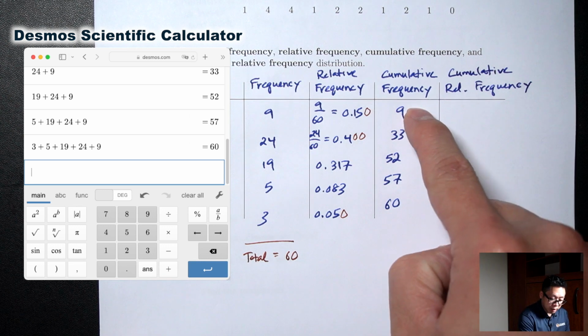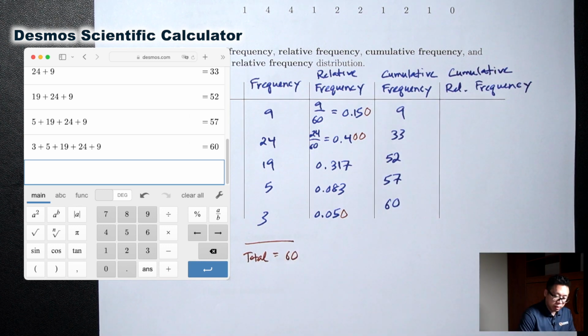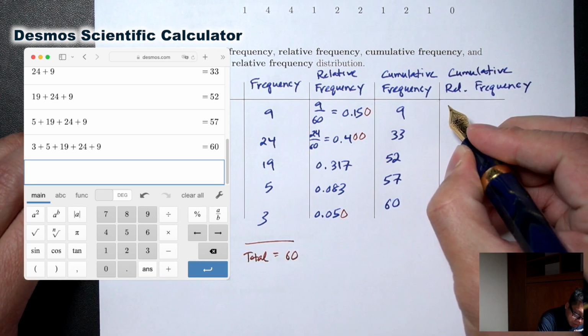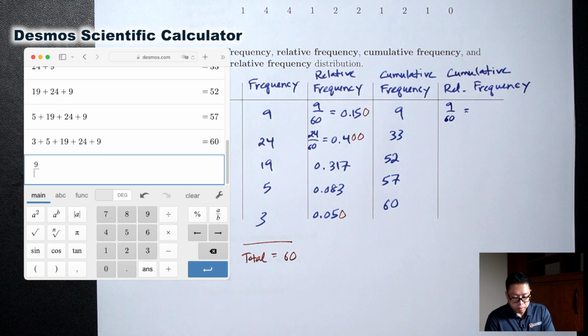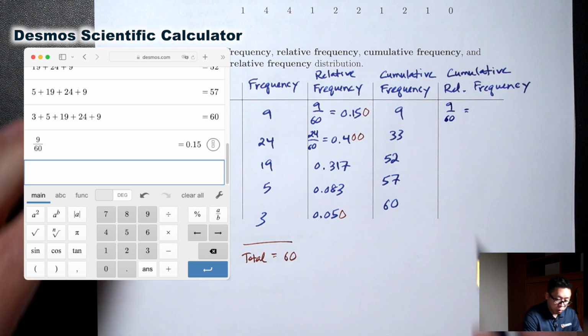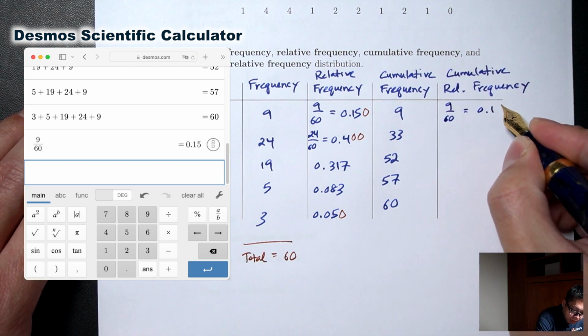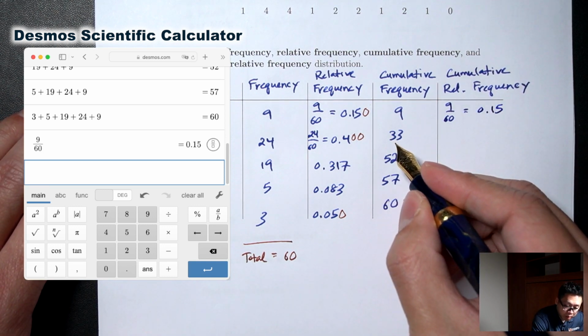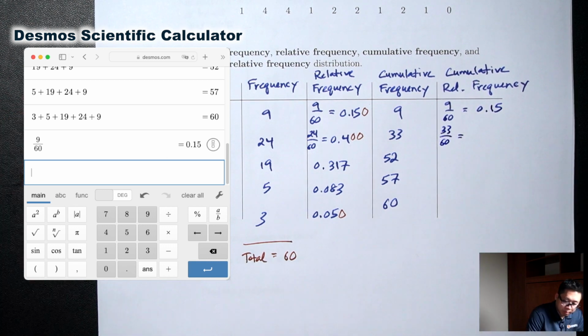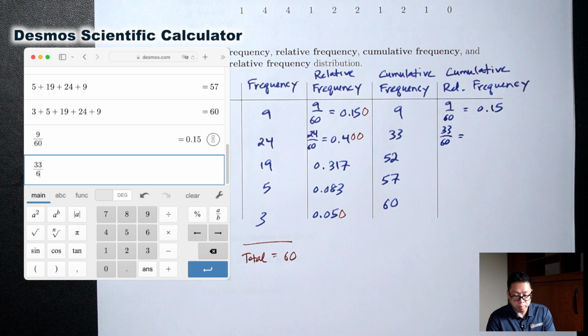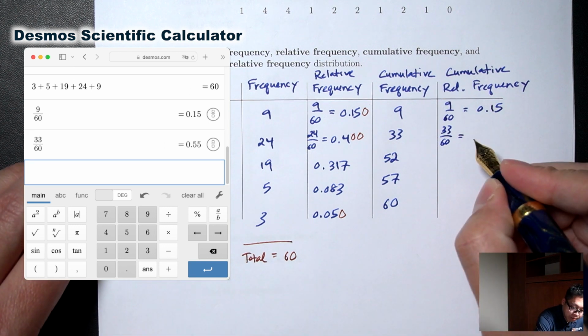So 9 divided by the total, 9 divided by 60. 0.15. 33 divided by 60. 0.55.